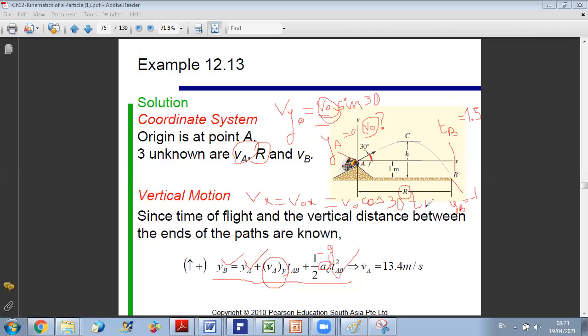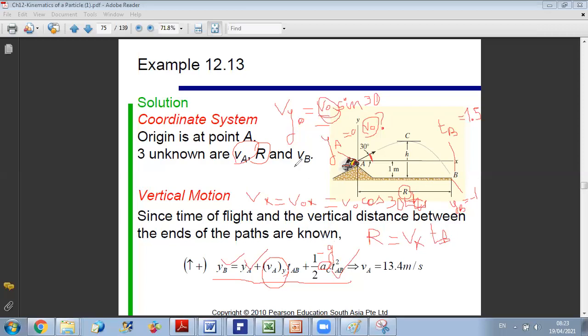Now to get the range, I will multiply Vx by the time. So the range is equal to V0 cosine 30, which is Vx, times TB. So I got in this way the range.